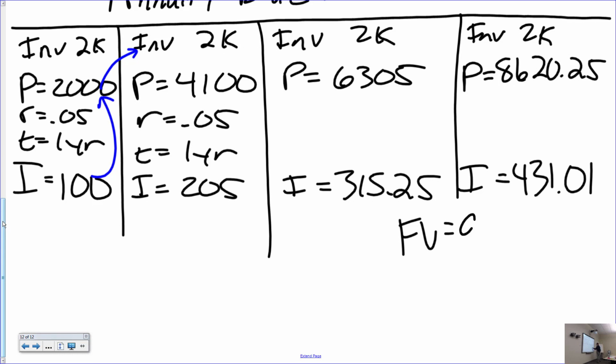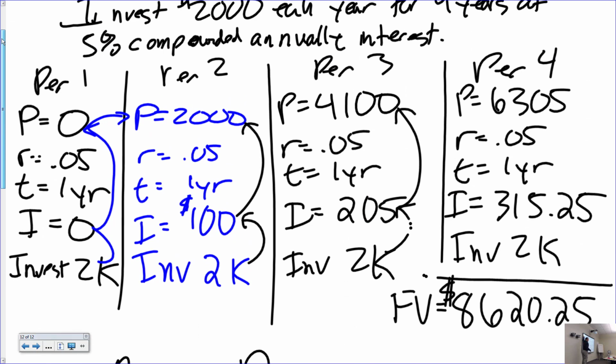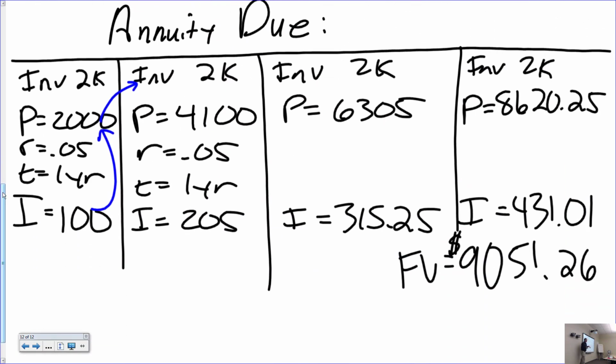So it's just the 9,051.26. But this is the idea behind it, folks: there's a definite connection. You can see that the columns basically keep repeating themselves, and all we're going to have to do on Wednesday is figure out how to use the numbers to make sure that that connection works and that we can calculate the value using the tables, okay?